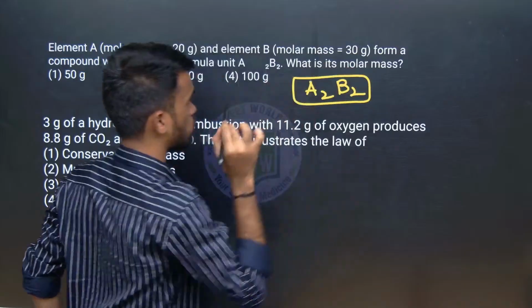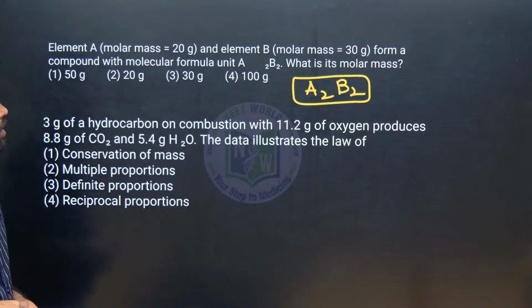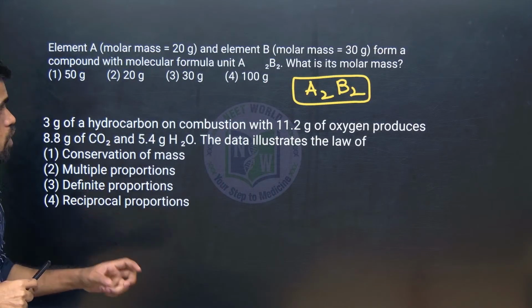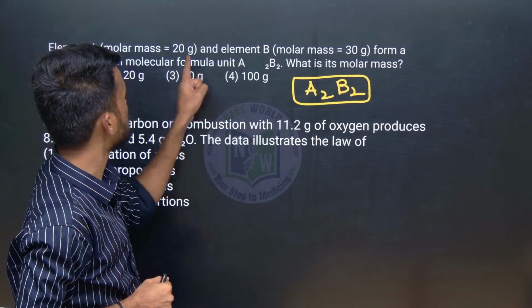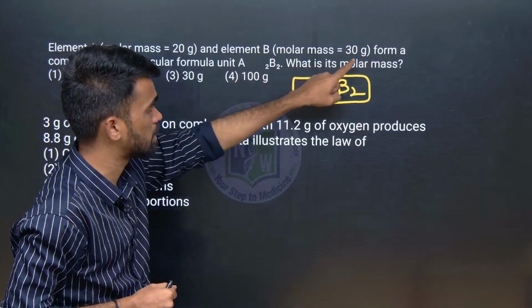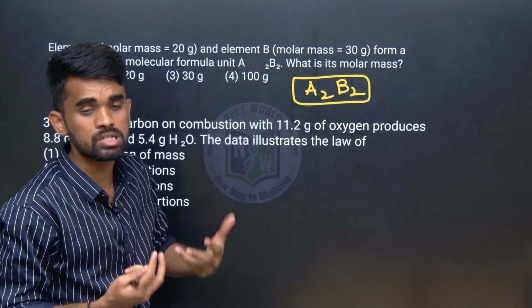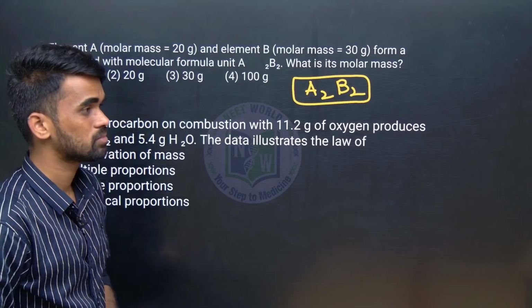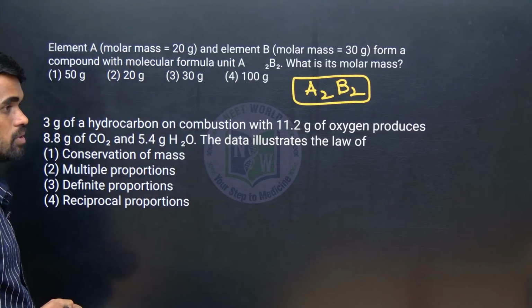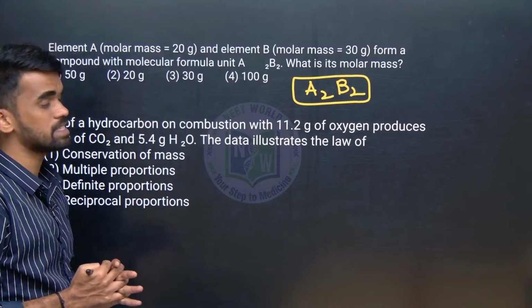Very simple and easy question. There are two elements A and B forming this molecule. Element A has 20 grams, element B has 30 grams. So A2B2 will be having how much weight, how many grams? Very basic understanding is required.